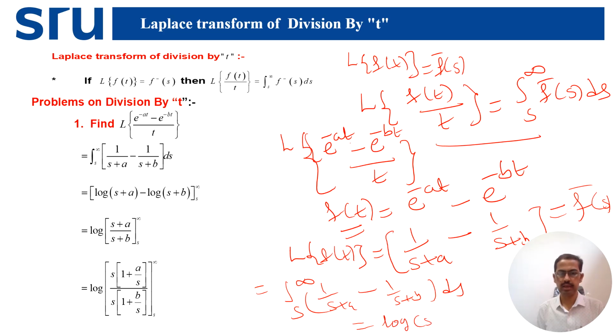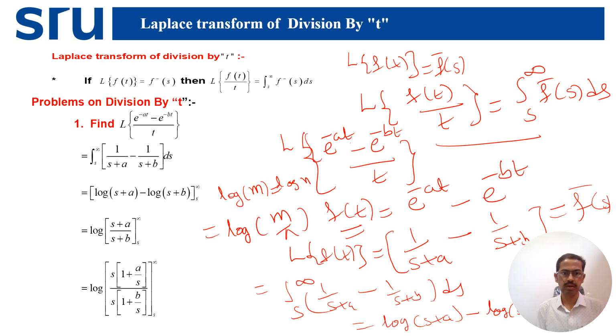So log of s plus a minus log of s plus b. Right? Now this is log m minus log n, and in formula log m minus log n is equal to log of m by n. So that is log of s plus a by s plus b.